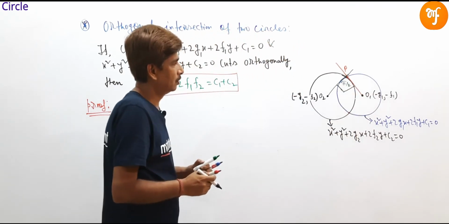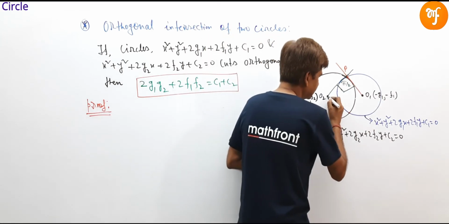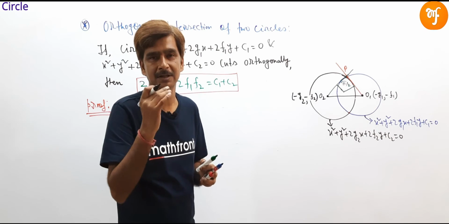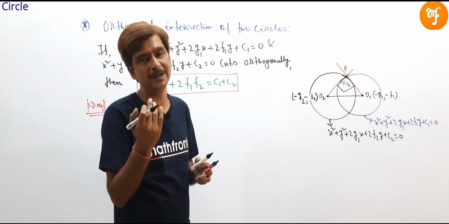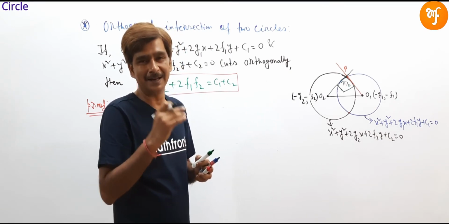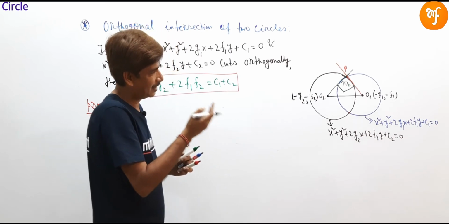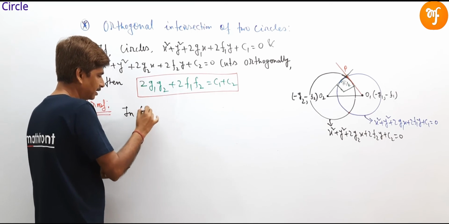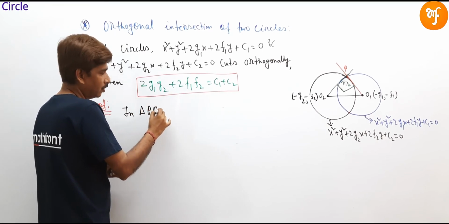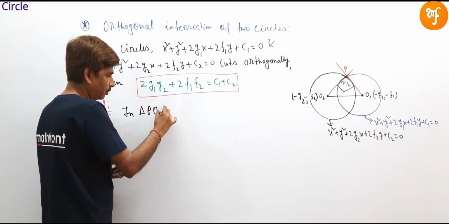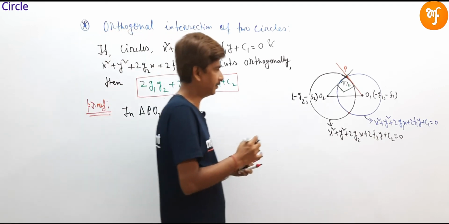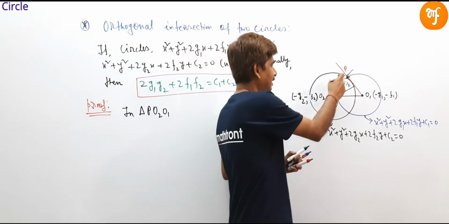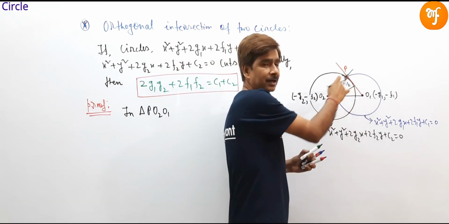So if we complete this triangle PO2O1, this triangle PO2O1 will be the right angle triangle, is it not? Now applying the property in triangle PO2O1, what we get? Definitely O1O2 is nothing but the hypotenuse, and these are two sides perpendicular to each other.